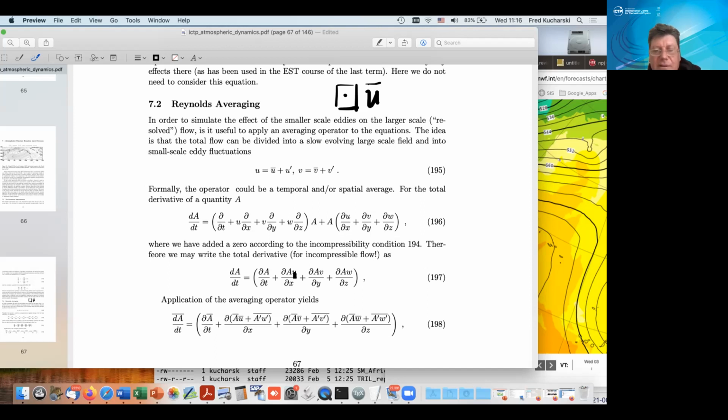This convergence is a vector, and then there is a flux, and so there are three components that are multiplied in a scalar way, and this gives us these three contributions.